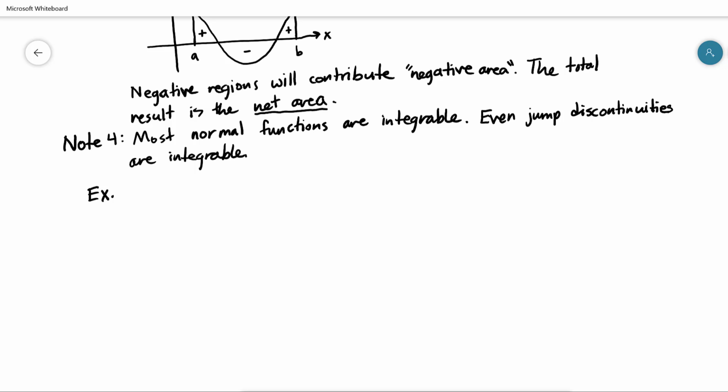Let's see if we can find the integral from 0 to 2 of the square root of 4 minus x squared dx. And we want to find this by treating it as an area.